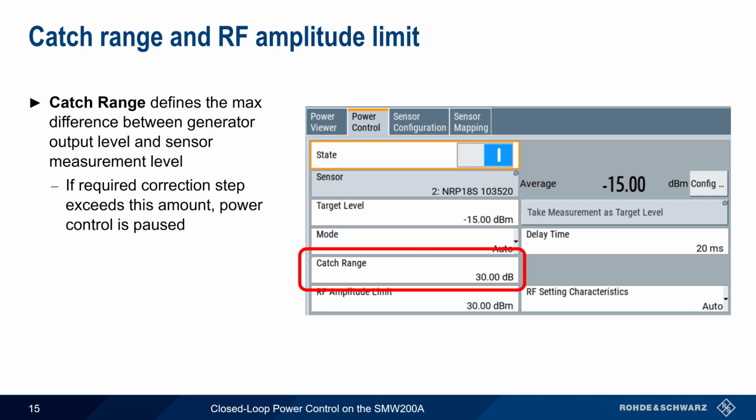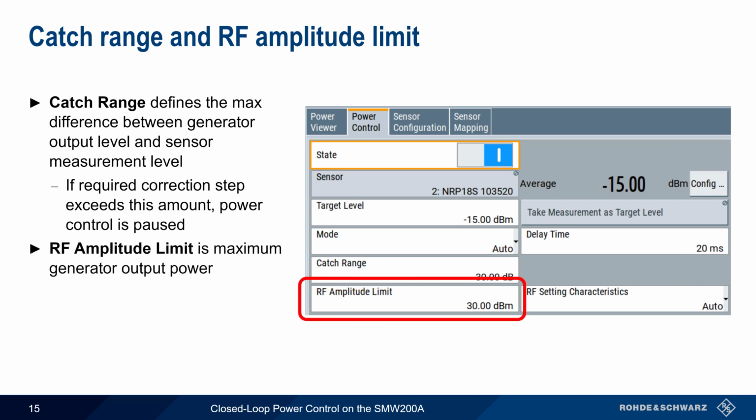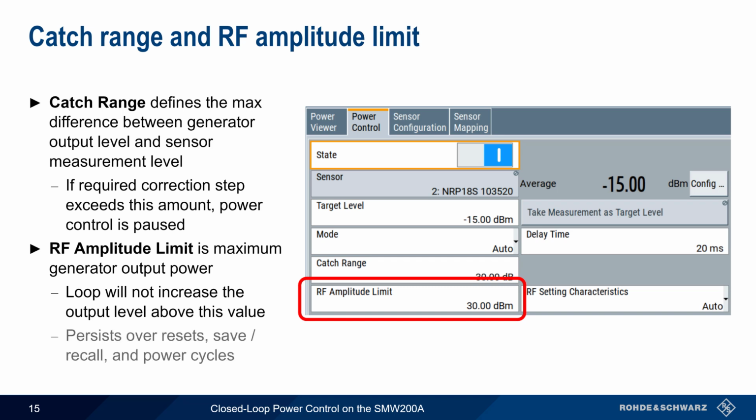This helps avoid very large power steps that could potentially overshoot the maximum input power of the DUT. The RF amplitude limit, on the other hand, is a hard limit to generator output power. The control loop will not attempt to increase output power above this value for any reason. This protection limit persists over resets, configuration save and recall operations, and instrument power cycles.